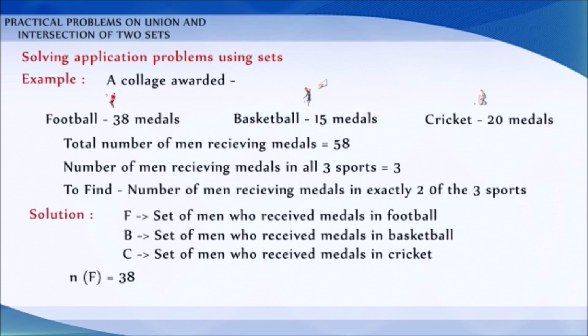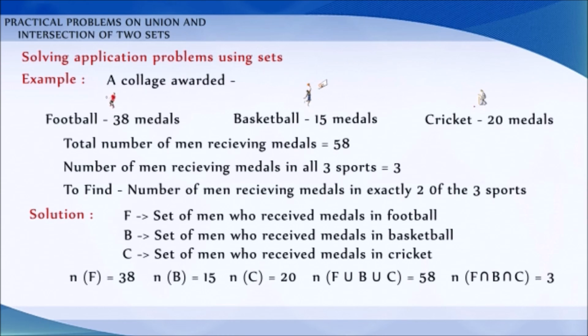Then n of F is equal to 38, n of B is equal to 15, n of C is equal to 20, n of F union B union C is equal to 58 and n of F intersection B intersection C is equal to 3.